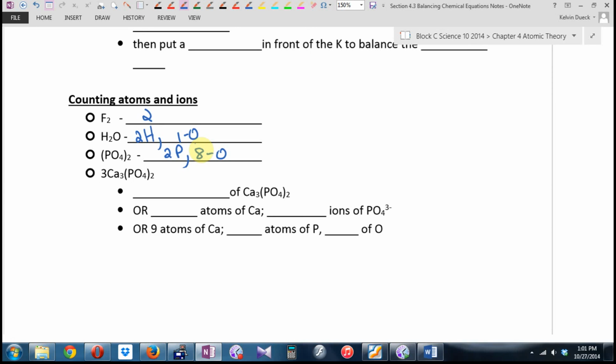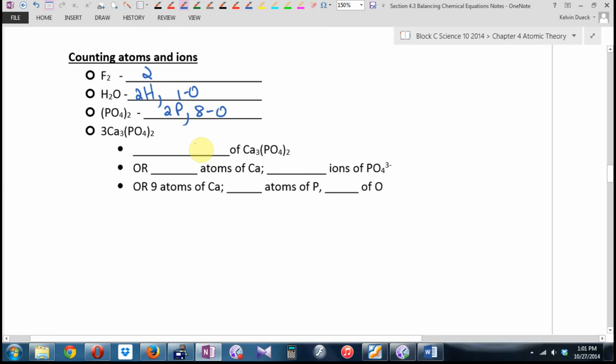This last one is pretty tough because there's several different ways to think about it. You could think about it as simply 3 molecules of Ca3(PO4)2, because that's what that 3 in front means. Or you could break it down further. You could say it's 9 atoms of Ca. Where'd the 9 come from? 3 times 3. And you could treat that PO4 as 1 polyatomic ion, and you could say there's 6 of those, because there's a 2 outside the brackets and a 3 in front.